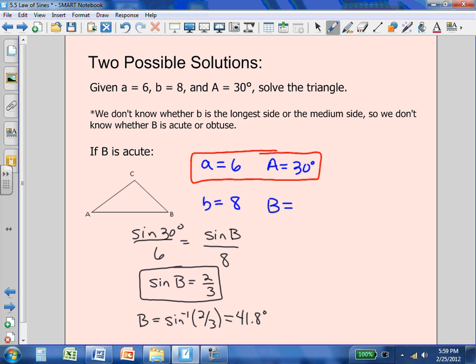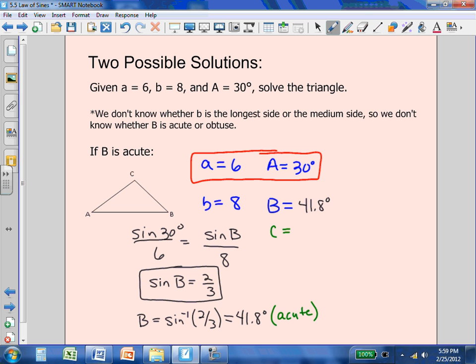That just means that we have 41.8 degrees here, and then angle C is more than likely going to be bigger. In fact, we can just calculate it now. Again, notice that this is acute. That's all that our calculator will ever spit out to us. It's 41.8.